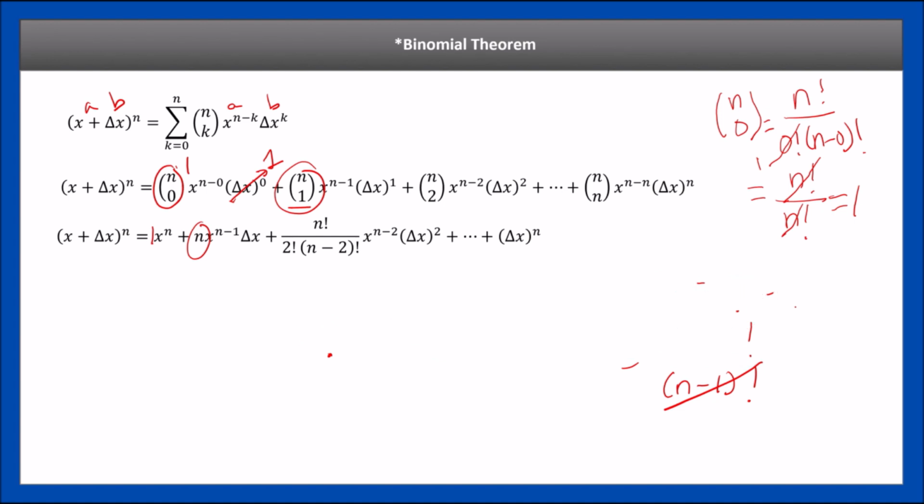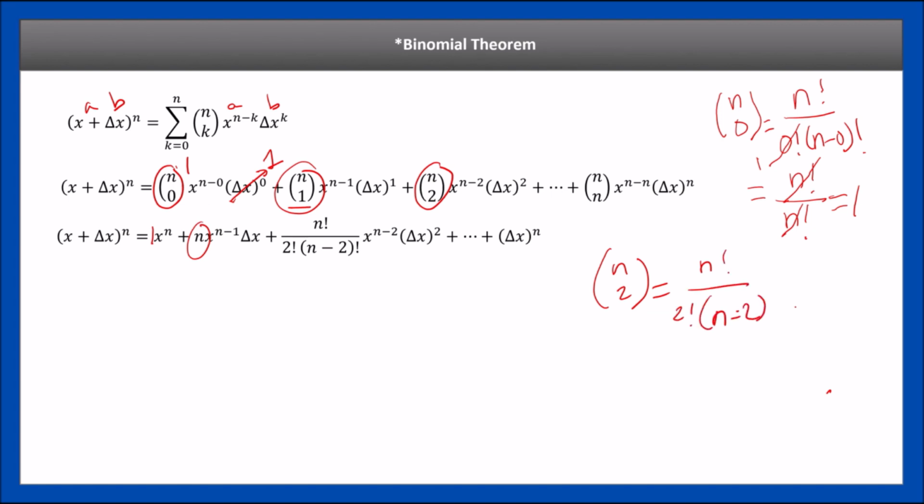Let's do one more. Let's do n choose 2 to see what that turns into. So we got n choose 2 is n factorial over 2 factorial times n minus 2 factorial. 2 factorial is 2, right? So this really turns into 2 because 2 times 1. We can leave this as n minus 2 factorial.